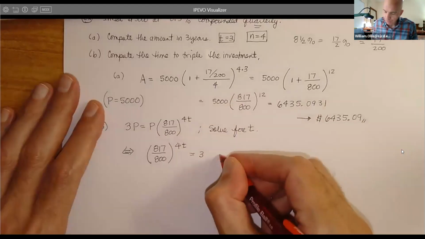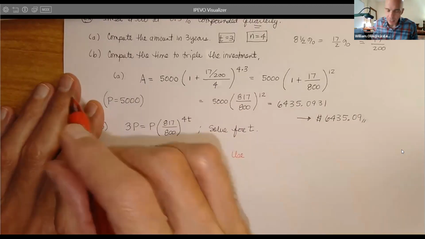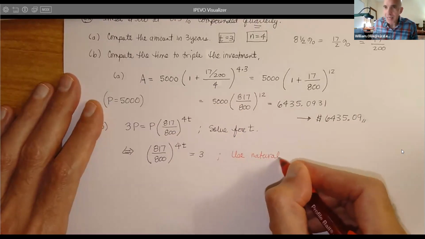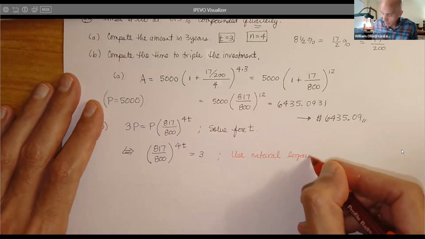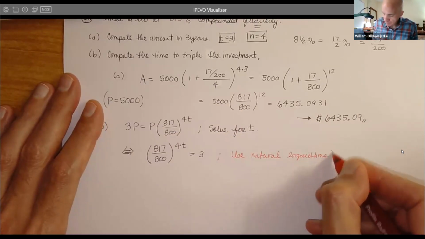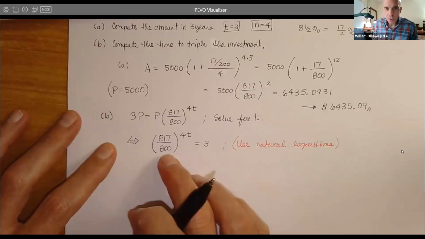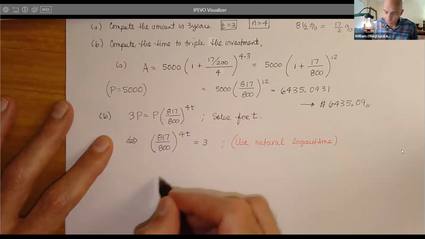I've written here in my notes, use natural logarithms, or you can use base 10 logarithms. Use natural logarithms. Sure, you can use this base, but that's not required. So now we can use natural logarithms.